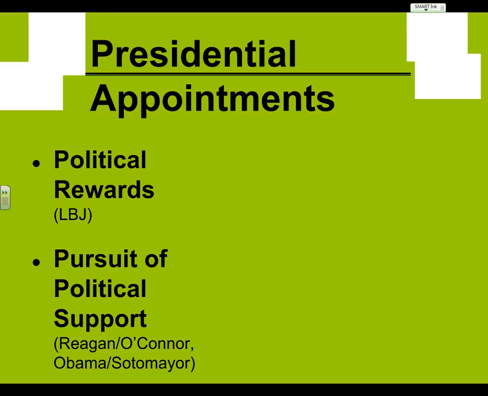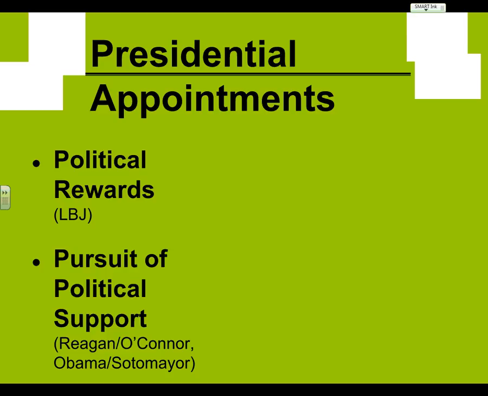Barack Obama picked two women for the Supreme Court, both Sonia Sotomayor and Elena Kagan, and both of them were picked to repair some of that fallout from 2008 when he beat Hillary Clinton for the nomination, and women were feeling a little slighted that Hillary didn't get the nomination. Plus, by picking Sotomayor, that also shored up Hispanics for Obama. So there's usually some kind of electoral group that you are targeting when you make your appointments.